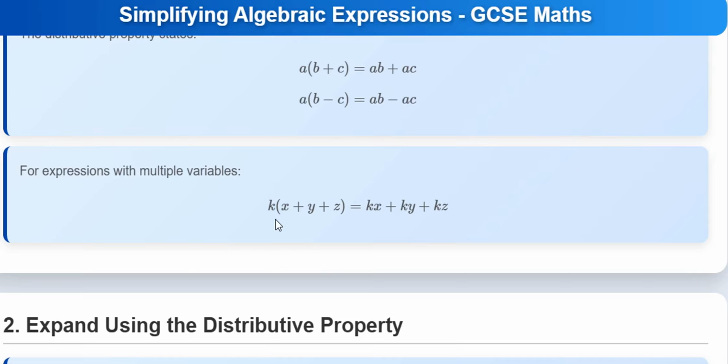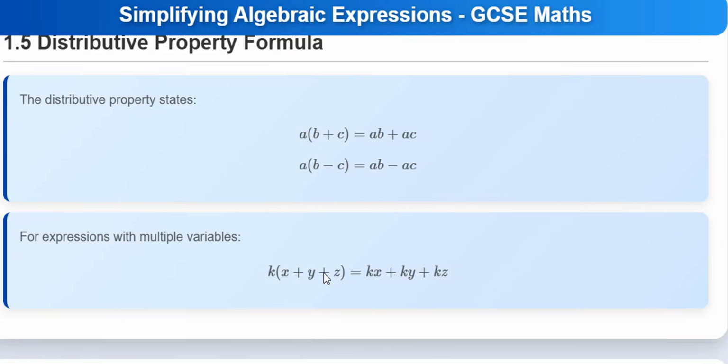In this case, we just repeat the same: we take k and multiply by all values inside the brackets. So k multiplied by x becomes kx, then k multiplied by y becomes ky, and k multiplied by z becomes kz.